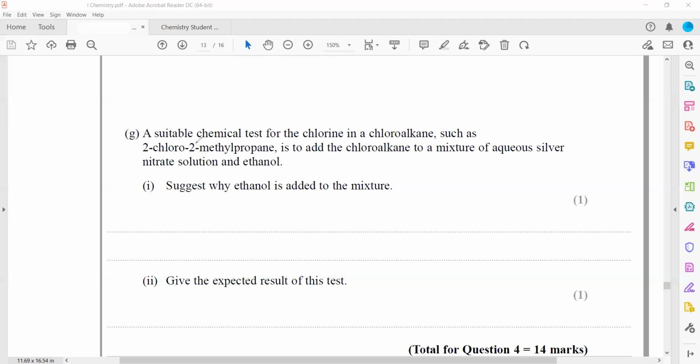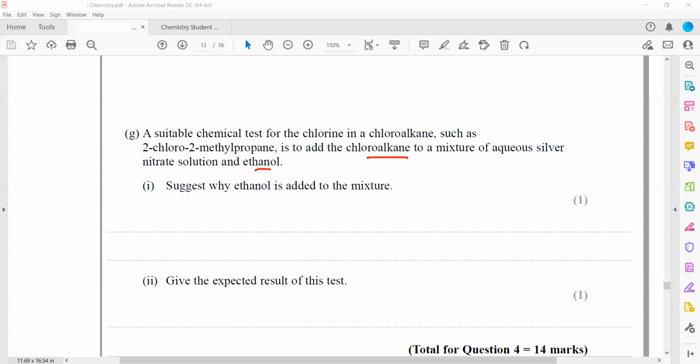Then the suitable chemical test: 2-chloro-2-methylpropane, a chloroalkane, is added to a mixture of aqueous silver nitrate and ethanol. So why is ethanol added to the mixture? What is the purpose of ethanol? Because these halogenoalkanes are insoluble in water, they do not dissolve in water.